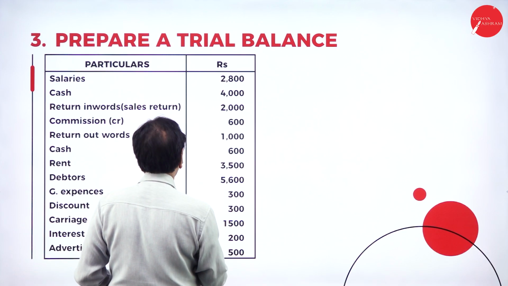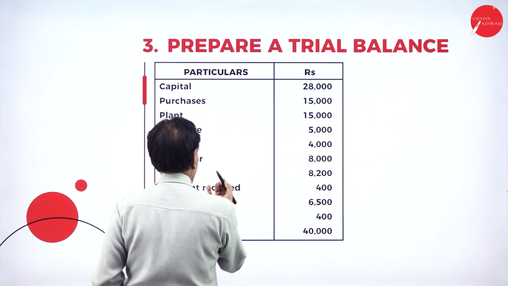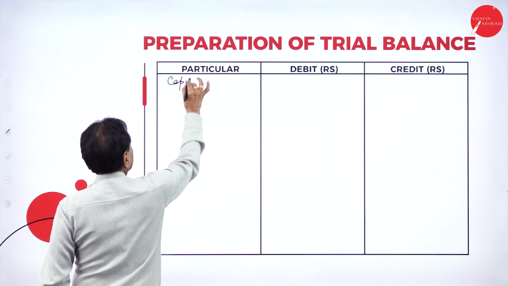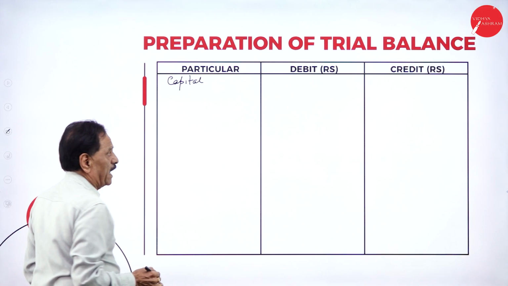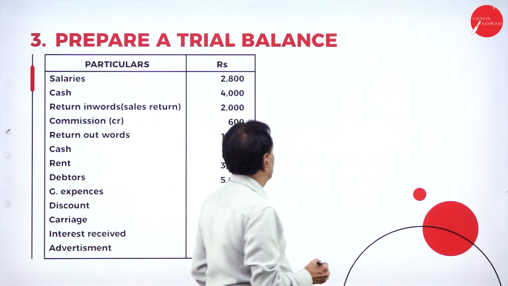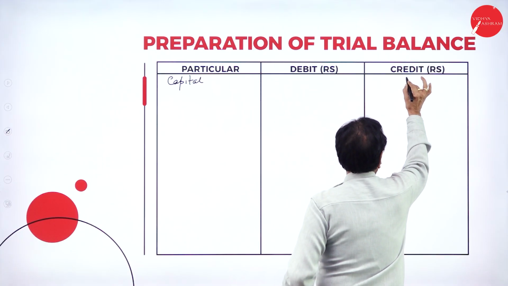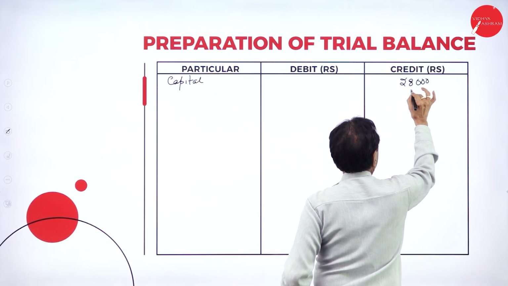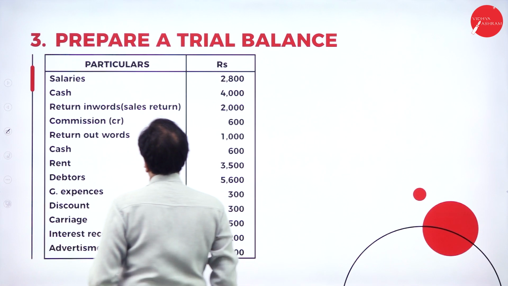What is the first item? Capital. It's a liability item. It will come on the credit side. Capital 28,000. Now, what is the next one?